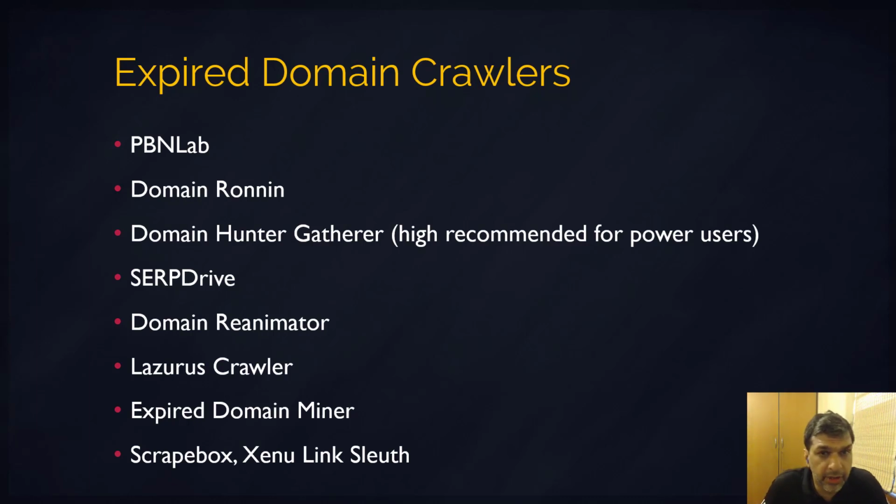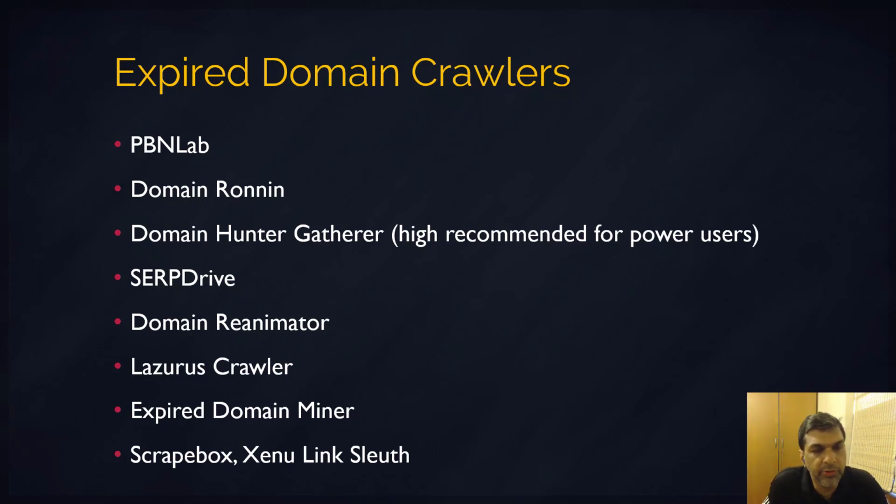So these expired domain crawlers could be third-party SaaS, software as a service model, where you go in there and pay a monthly fee. Like PBNLab is really popular. Domain Ronnin is another popular one. You can pay about, I think it starts at maybe $30 or so a month, and you get a limited number of crawl credits for each of them. They go about looking for expired domains for you based on the keyword you enter and some metrics.